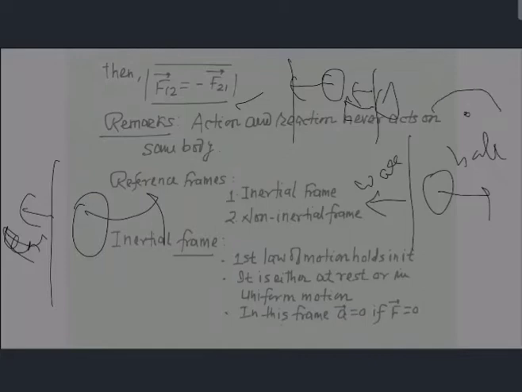Similarly, in the case of object falling under the gravity of the earth, this never happens, that action was applied on the earth by the ball, and reaction was also on the ball only. This never happens, okay. Otherwise the ball will not fall, right?